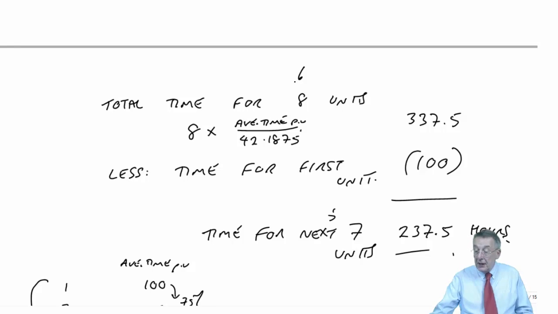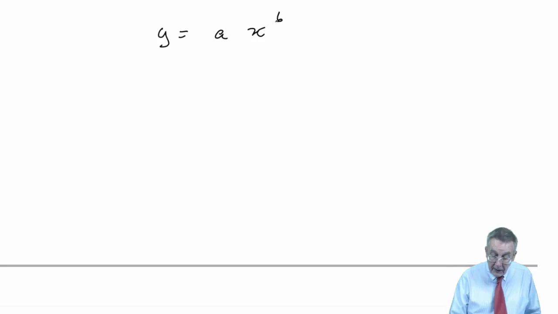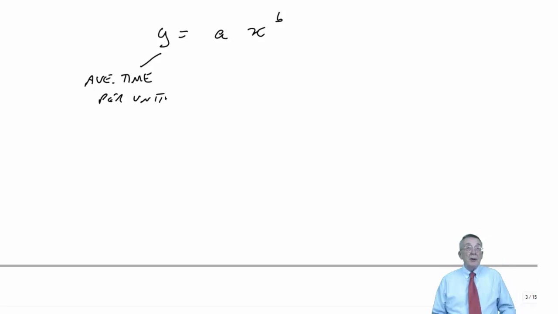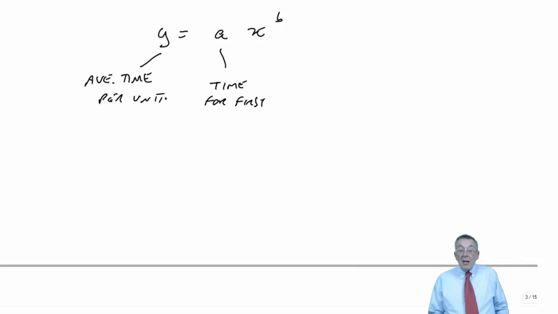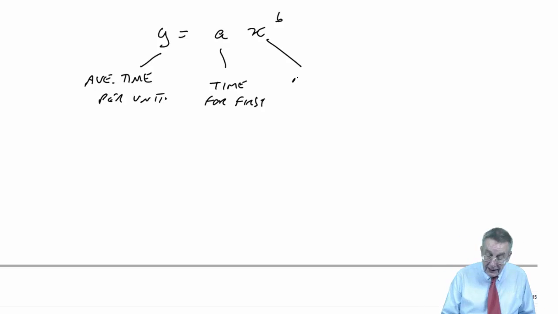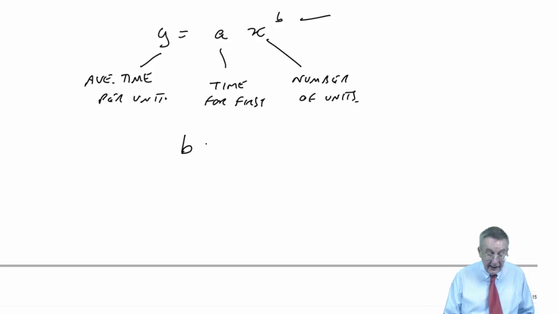And as it's there, I'm afraid you need to learn it. That formula: y equals a x to the power b. y is the average time per unit, which so far we've been getting by doubling. a is the time for the first unit, x is the number of units, and b has its own little formula, the learning factor. b is the log of r over the log of 2, where r is the learning rate.